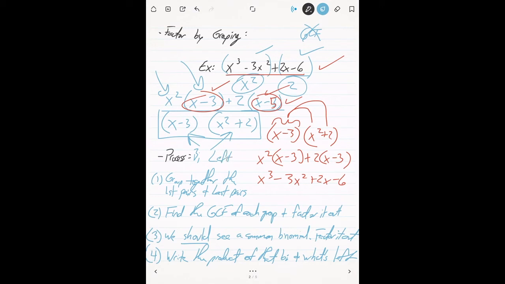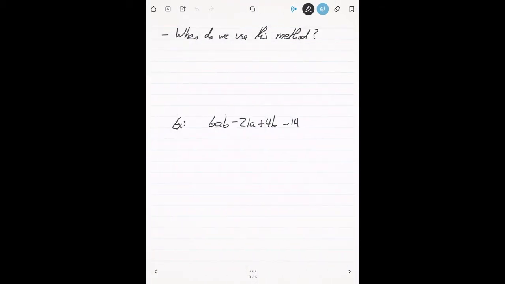Let's keep practicing this technique in a couple other problems, and then let's try to identify when we want to go about using this. So first up, let's take a look at this problem right here. We have a 6ab minus 21a plus a 4b and a minus 14. First off, we should probably ask ourselves, is there a GCF in here?